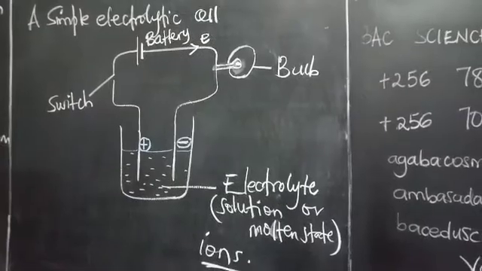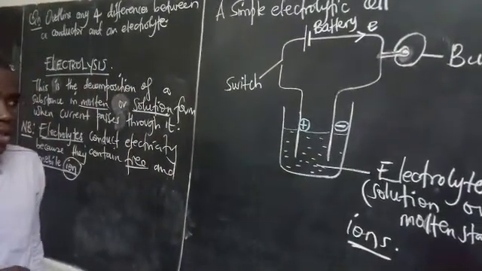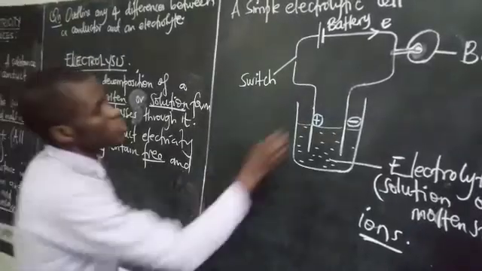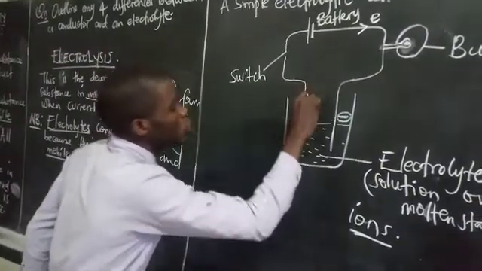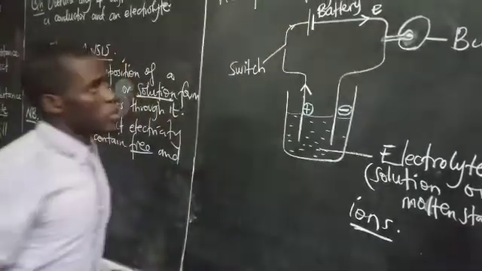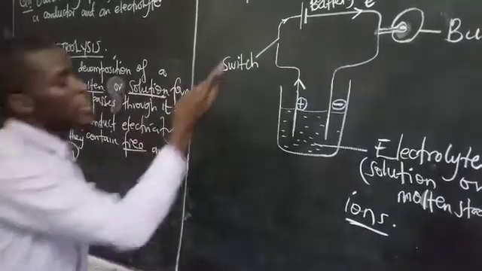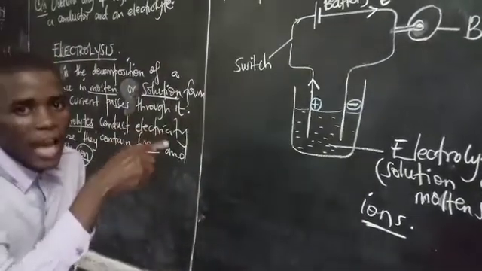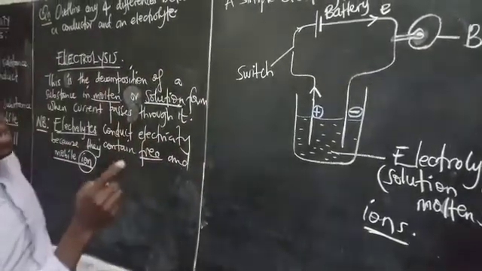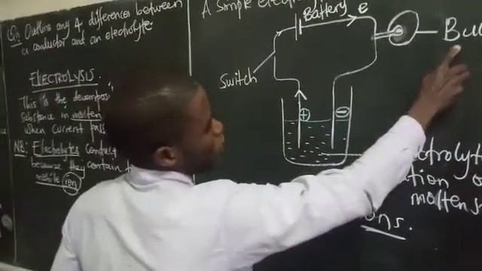That's why during that process, the electrolyte gets decomposed. Afterwards, the electrons will continue up to the positive terminal, meaning that current will be moving in the opposite direction. And that movement of electrons and current will lead to the lighting of the bulb.